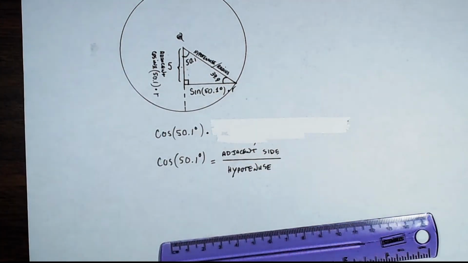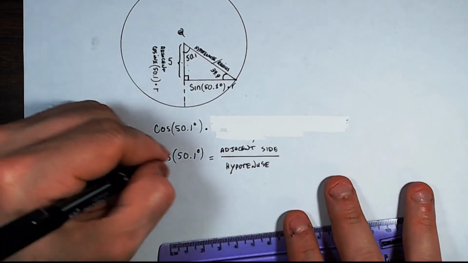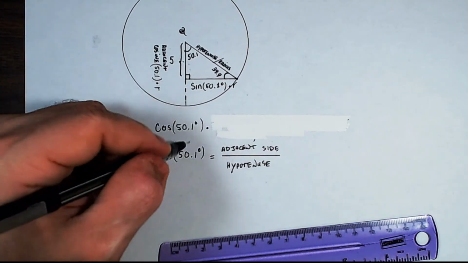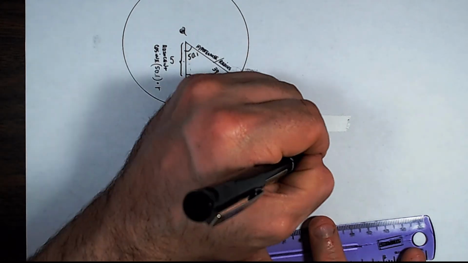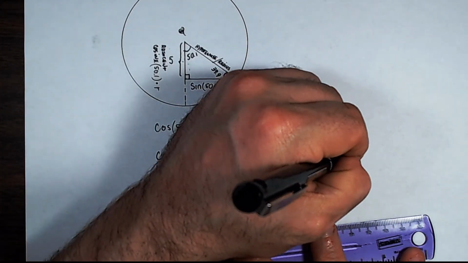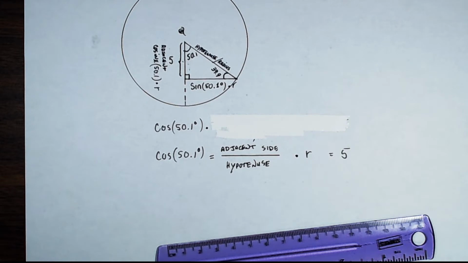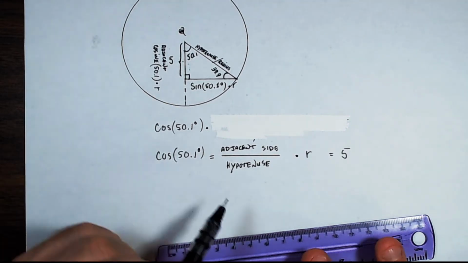Okay? Now if I take this whole thing, whatever this comes out to, and I multiply it by the radius, I'm going to get 5. That's what I meant to say earlier. Okay. The problem is I don't know the radius.